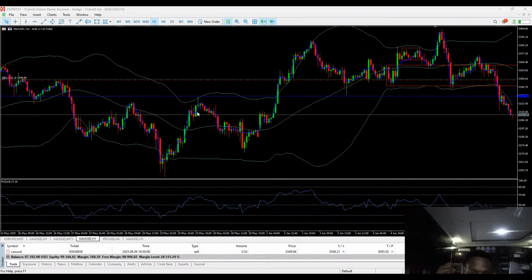How you can combine these three together to take profitable trades. That's what I want to show now.